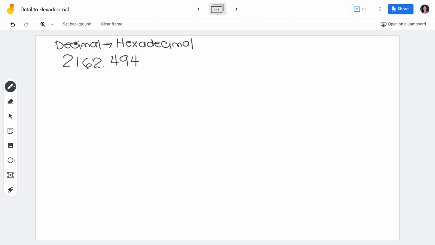Okay, so let's start with 2162 divided by 16. So 21 divided by 16 is 1. 21 minus 16 is 5. Then 56, how many 16s are there?